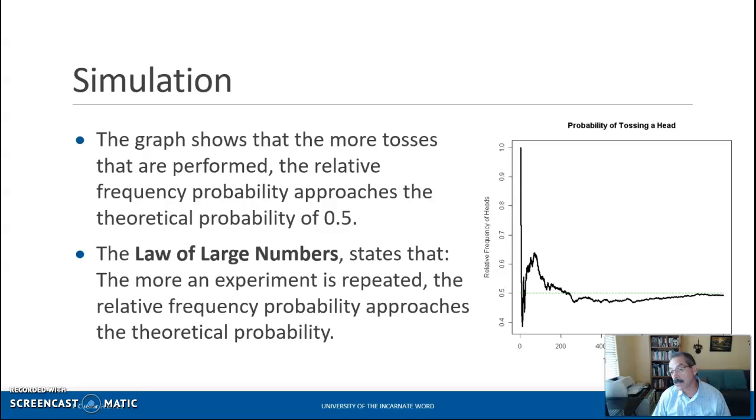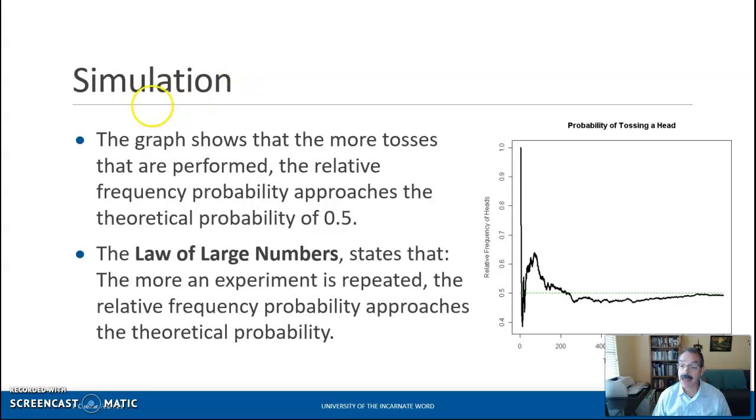If we could continue this to 10,000, say, then you will see that this is very close to 0.5. And what I'm showing you here is what the law of large numbers says, that the more an experiment is repeated, the relative frequency probability approaches the theoretical probability. You may say, well, so what?